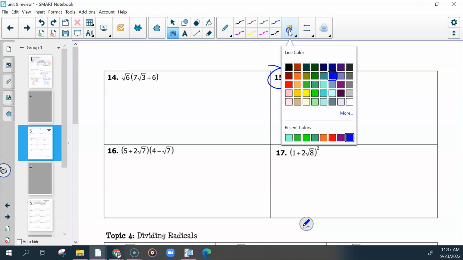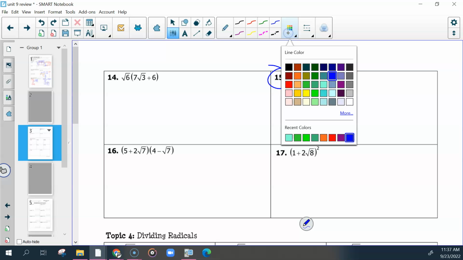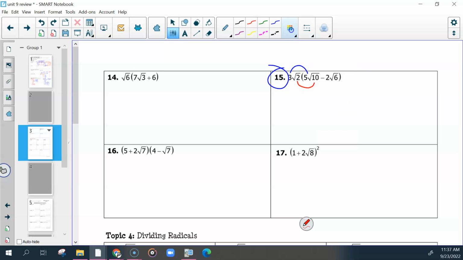We're multiplying inside things together, outside things together. So outside together, and then inside things together. And then for this one, same thing. Outside things together, and then inside things together.